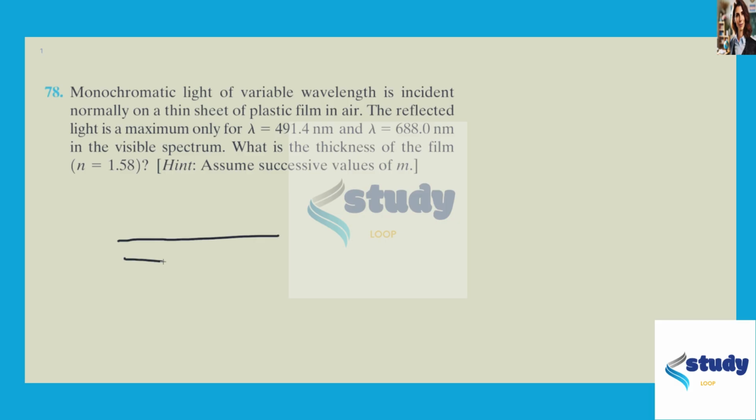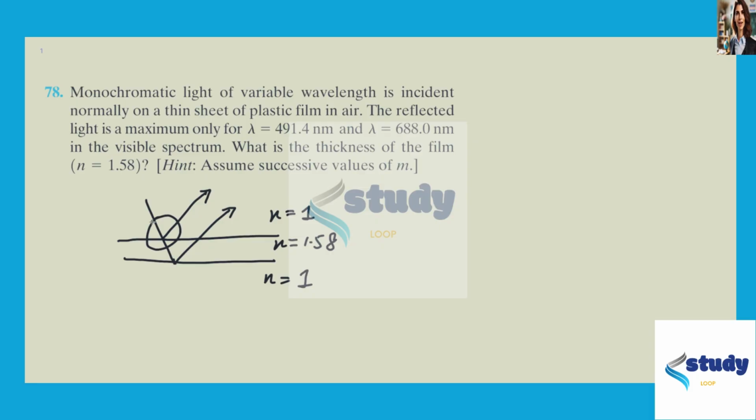We have a thin plastic film with n equals 1.58, and it's in the air, so meaning it's air on both sides of it, n equals 1. So when light is incident, because the air has a lower refractive index than the thin plastic film, light will experience a phase shift over here because it's incident onto a media with a higher index than the air.